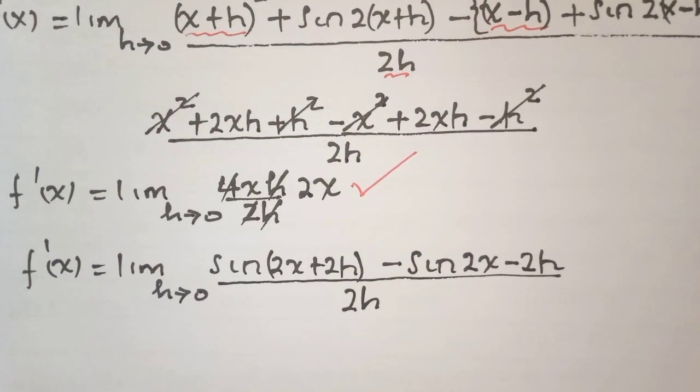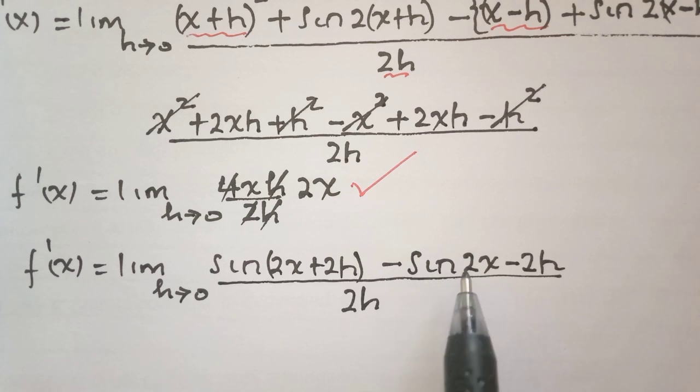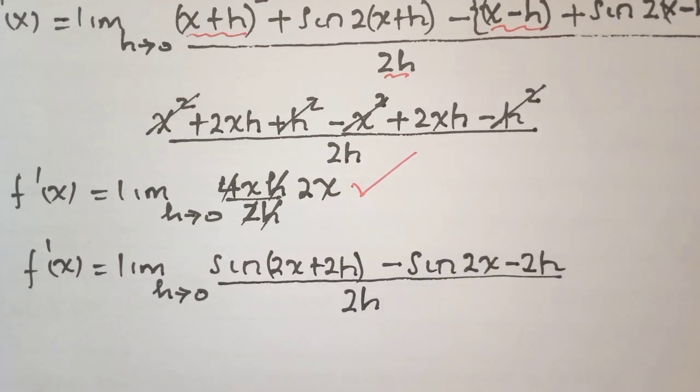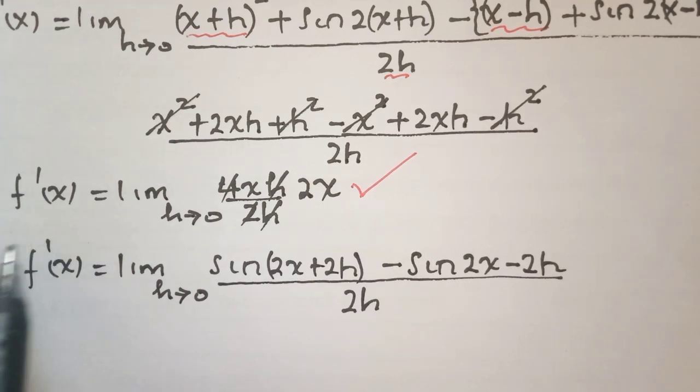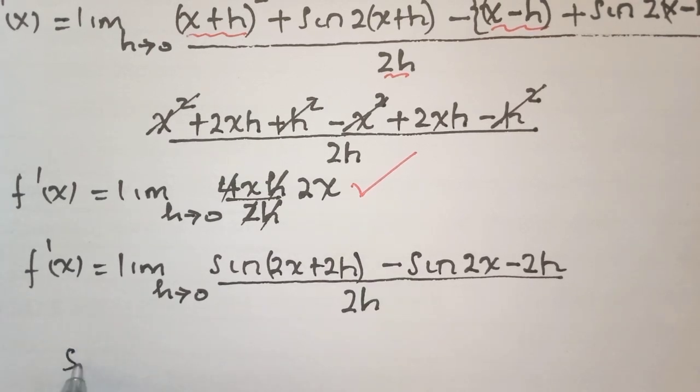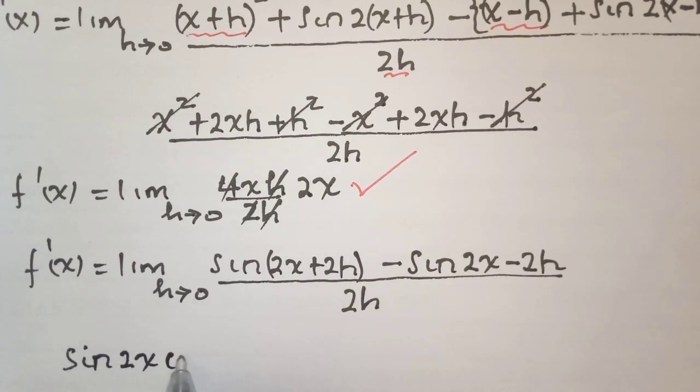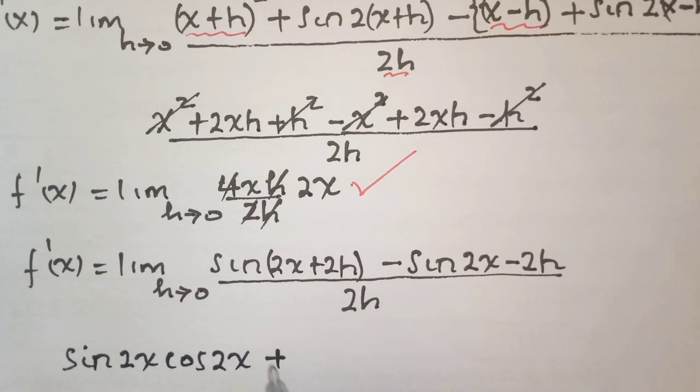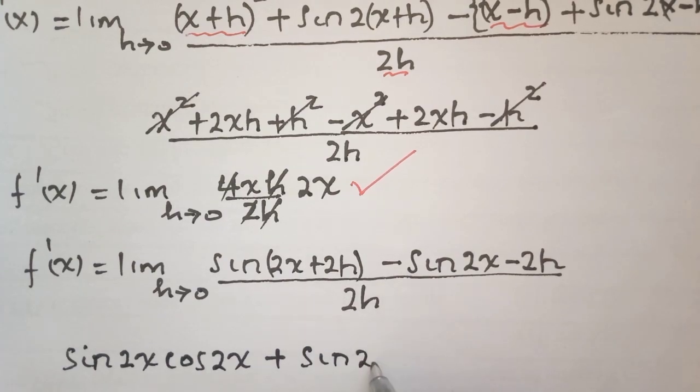Guys, now we come and work out this. We can expand. So if we expand, first of all we can leave out this one and just expand this alone as it is. So we shall have sine, from trigonometry, this one is going to be sine 2x cos 2h, like that, plus still cos 2x sine 2h.